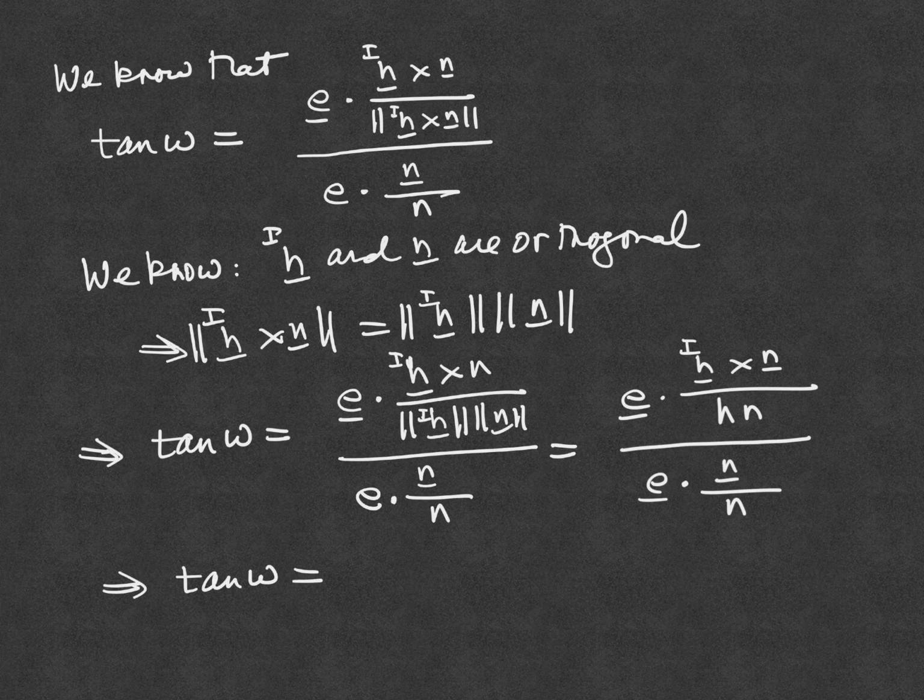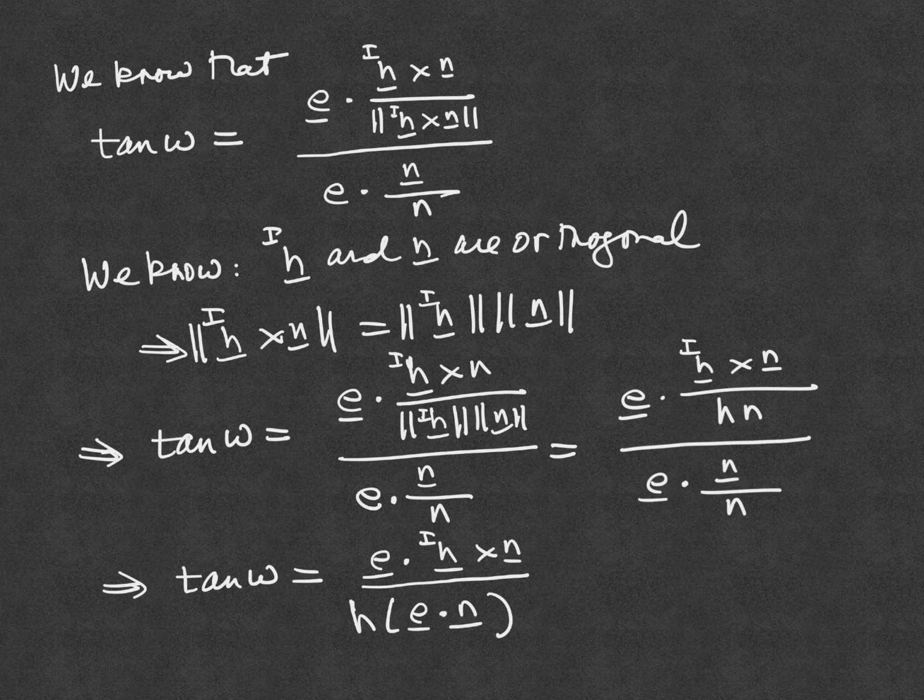I multiply through by hn in both the numerator and denominator, and I get E dotted with h crossed with n, all divided by h times E dotted with n. And that's the tangent of the argument of the periapsis.